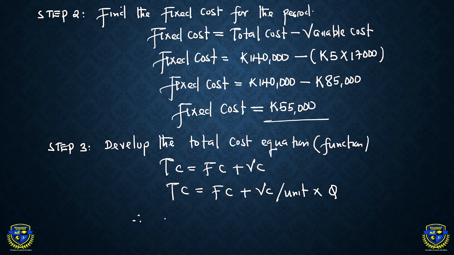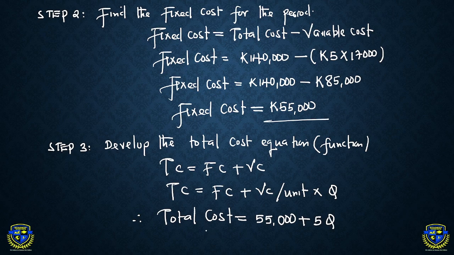So therefore, we shall say that total cost is equal to 55,000, which is a fixed cost, plus the variable cost per unit, it's 5, then multiplied by quantity.